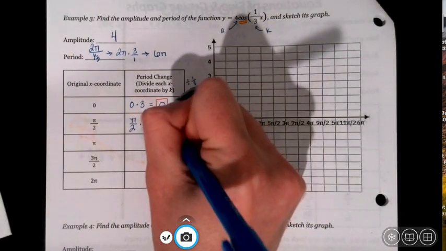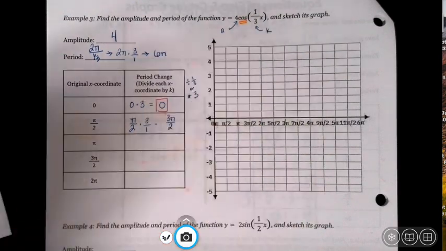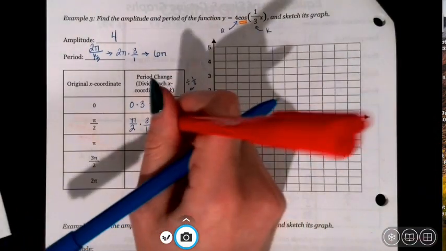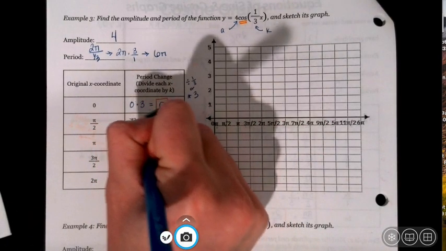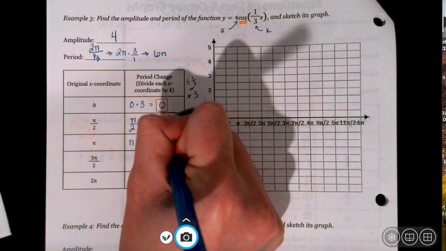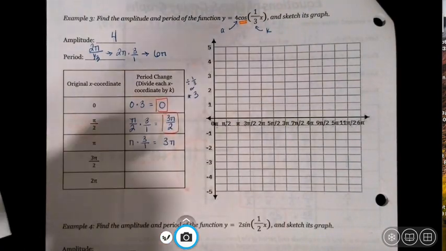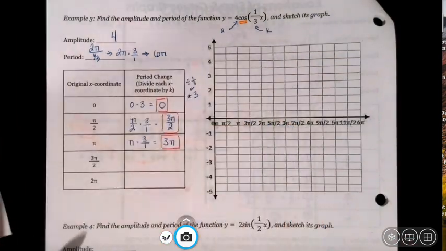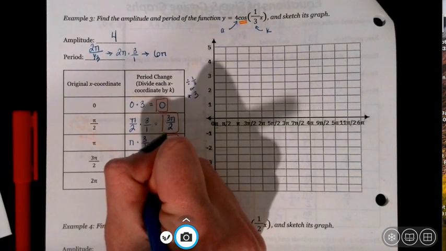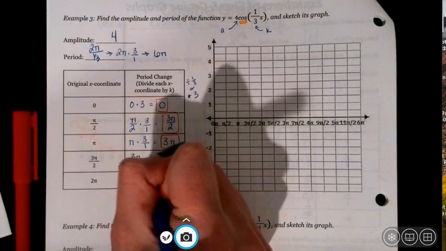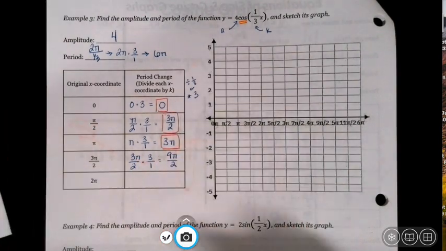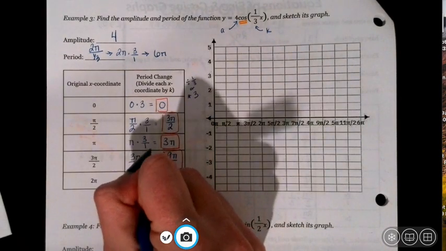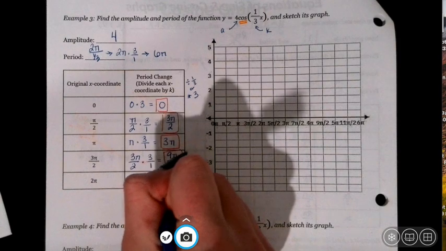So I get 3 pi/2. Next I have pi, and I'm multiplying that by 3, so that is just 3 pi. Then I have 3 pi/2, multiplying that by 3, so I get 9 pi/2. And then 2 pi.